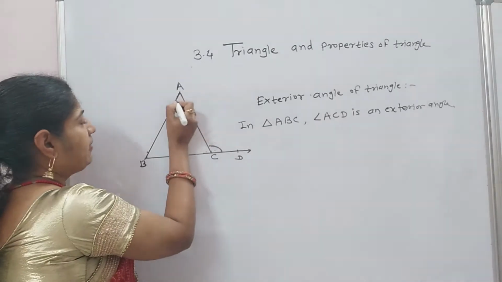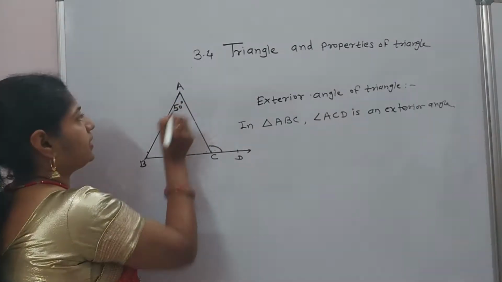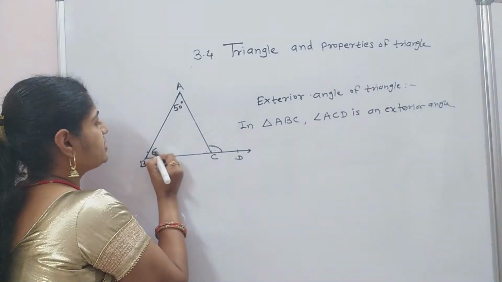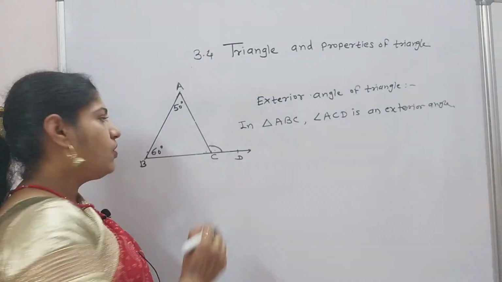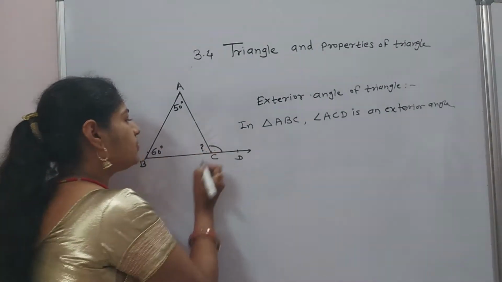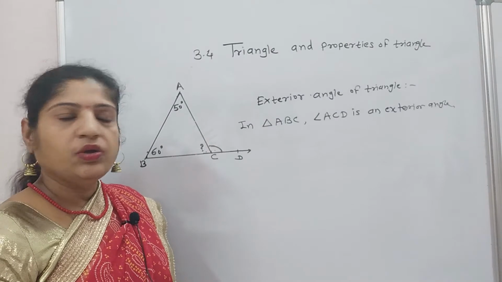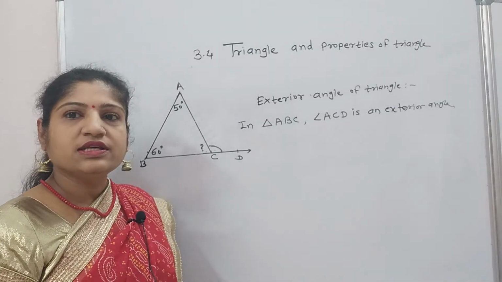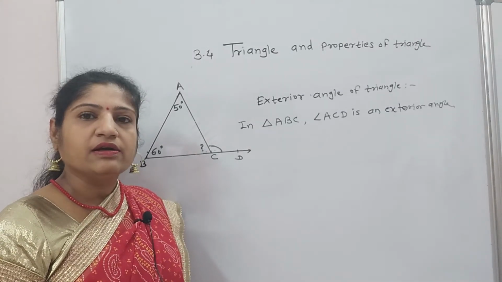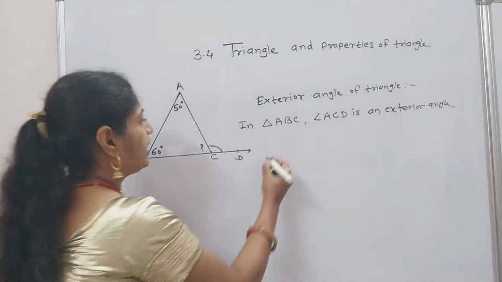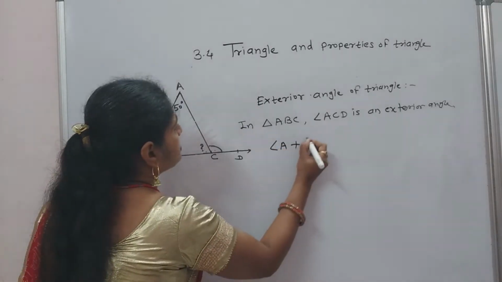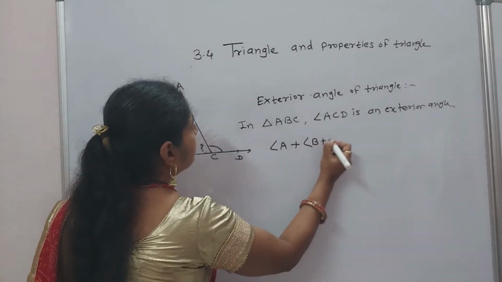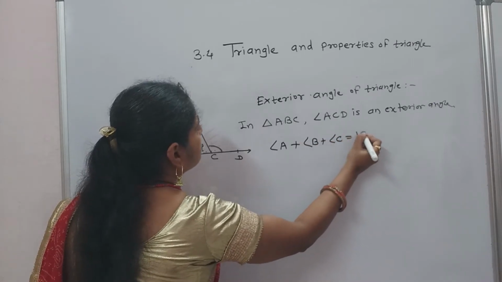Suppose angle A is 50 degrees and angle B is 60 degrees. Now what is the measure of angle C? You all know that the sum of the measures of all the angles of a triangle is 180. That is, measure of angle A plus measure of angle B plus measure of angle C is equal to 180.